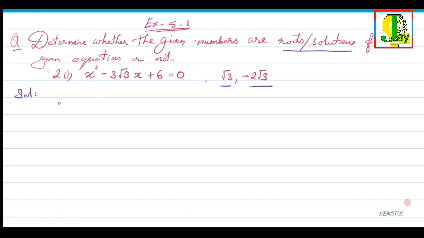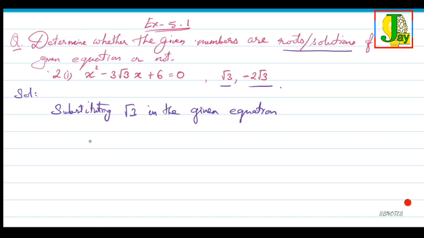Okay, if these are the roots, say alpha is root 3 and beta is minus 2 root 3, that means if we substitute root 3 in the given equation, we should get the left expression to be equal to 0. Okay, so let us find out whether it is equal to 0 or not.